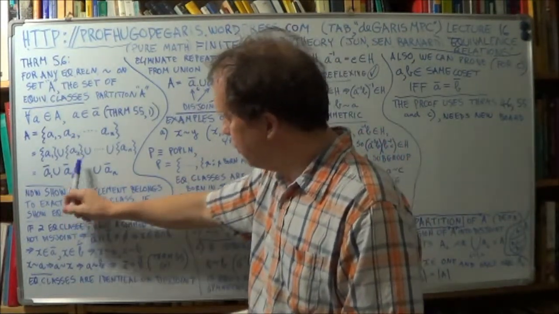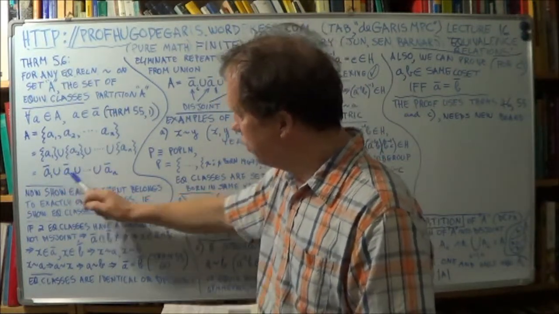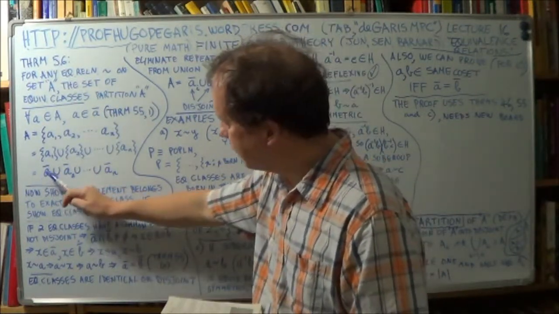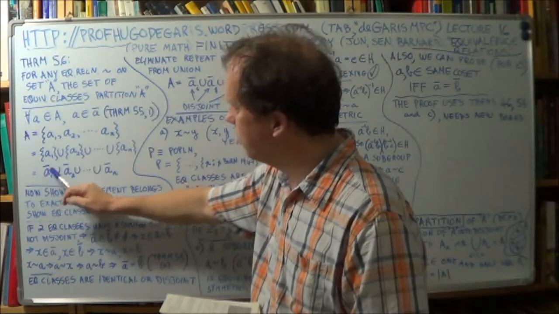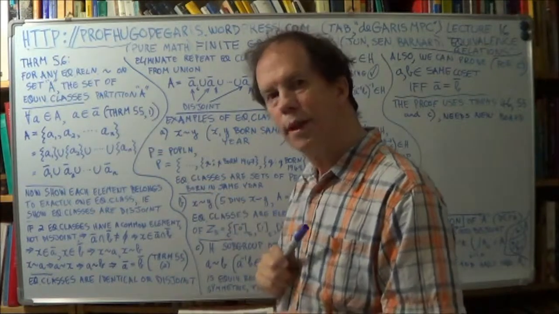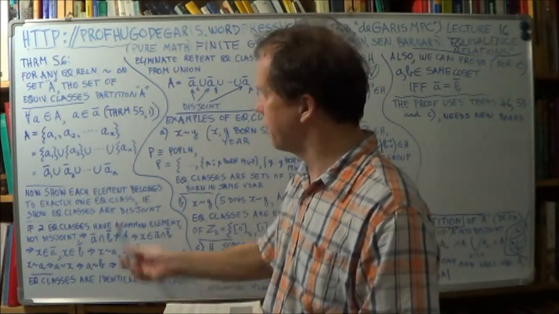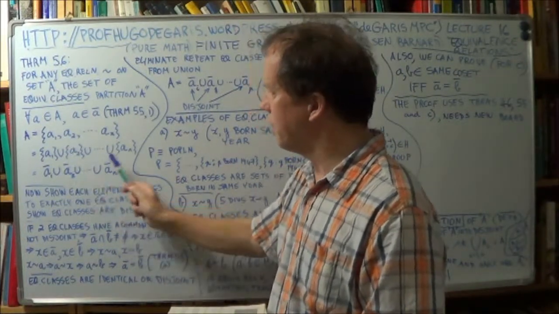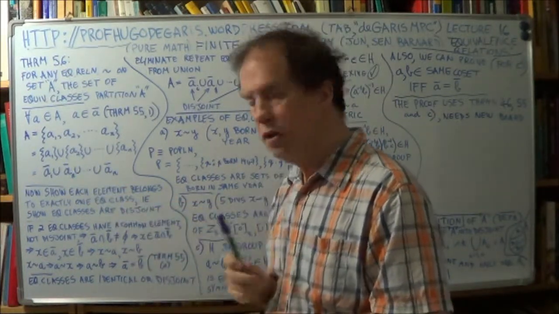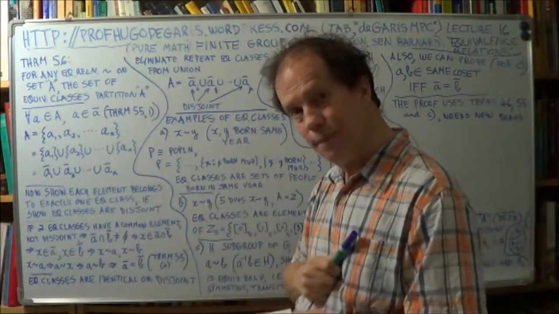So if you throw out the repeats, you're just left with a union of residue classes, all these bars. And none of them are the same because we've thrown out the identicals. So that just leaves disjoint residue classes.